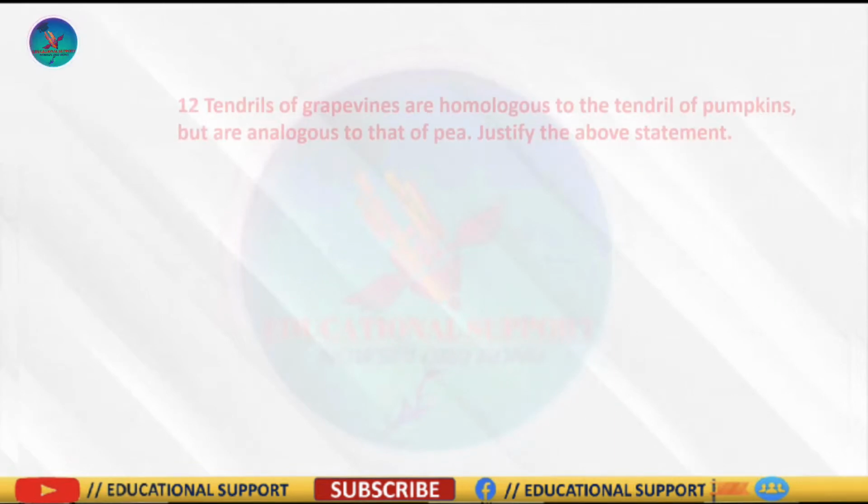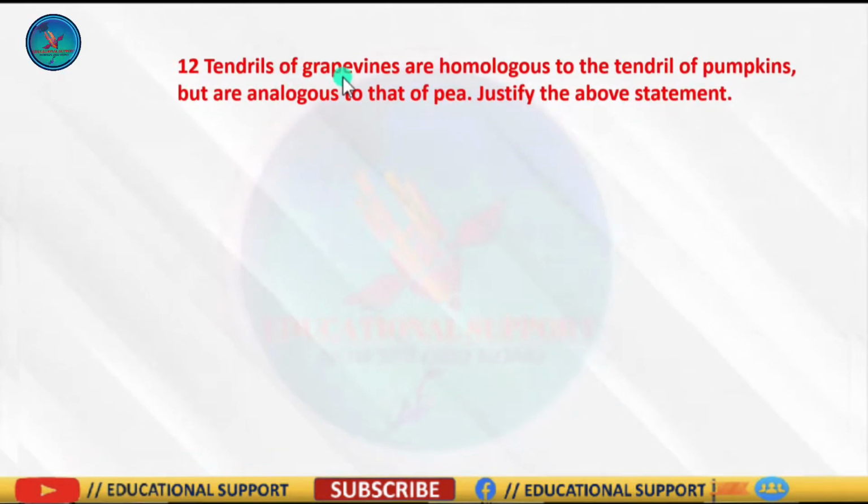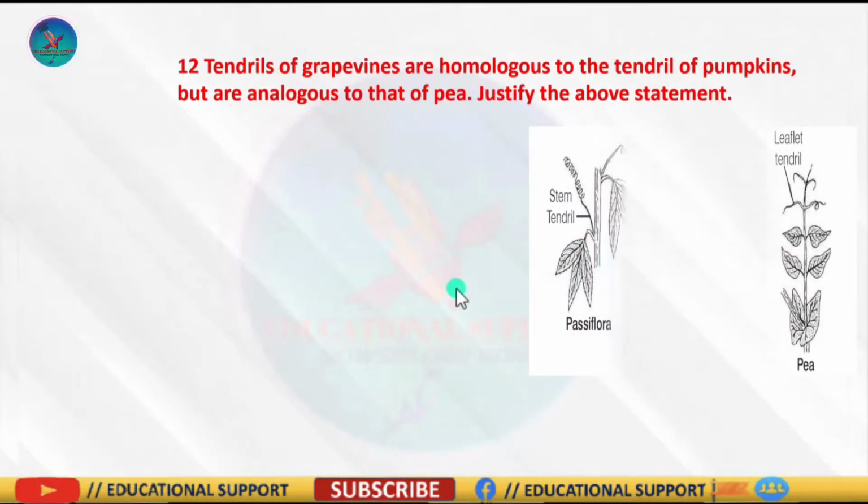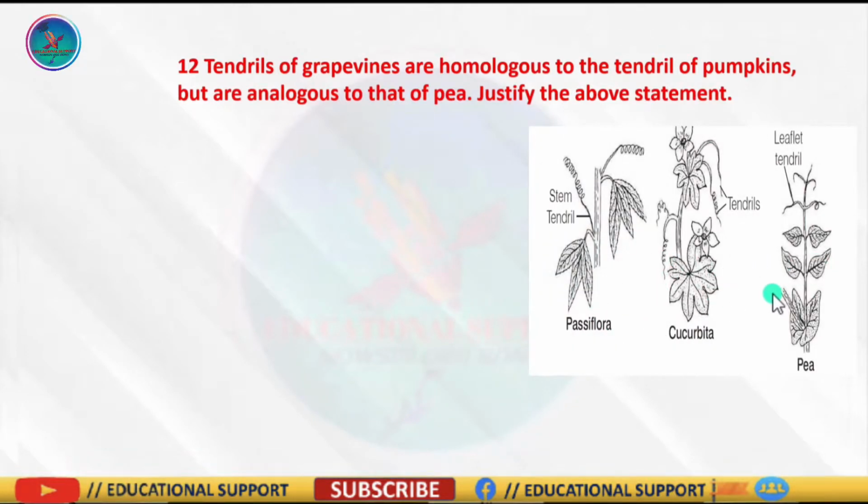Question number 12 is, tendrils of grapevines are homologous to the tendrils of pumpkins but are analogous to that of pea. Justify the above statement. Tendrils of grapevines are homologous to the tendrils of pumpkins because both are modifications of stem.